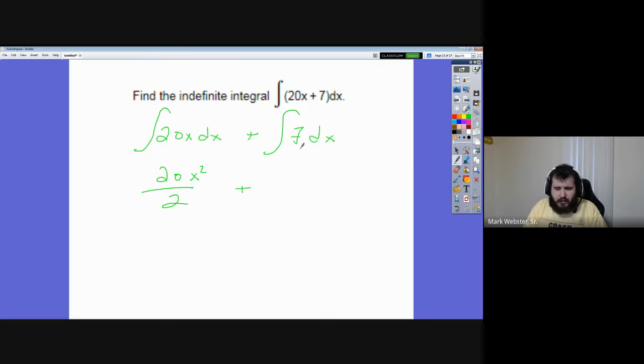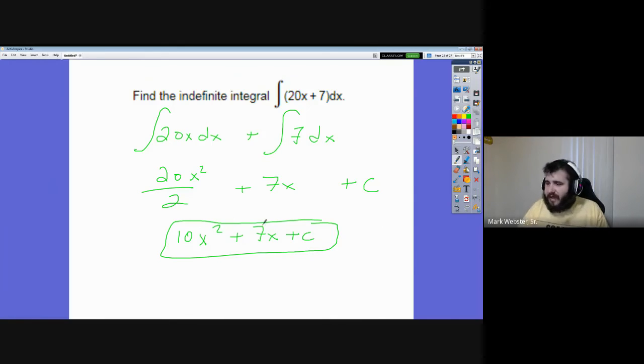We integrate the 7, and that becomes 7x. And then we have to remember to put down our plus c. And then we can clean it up, make it all pretty. There's our final answer. This is the family of functions that result, that give you this as a derivative. If I take the derivative of all of these, I will get 20x plus 7, no matter what c is.